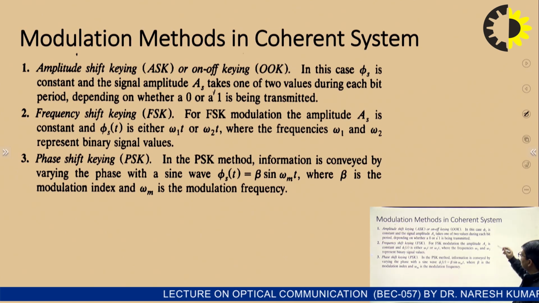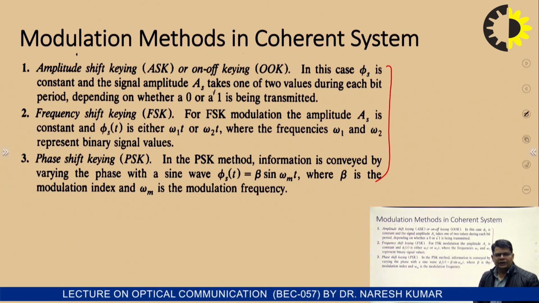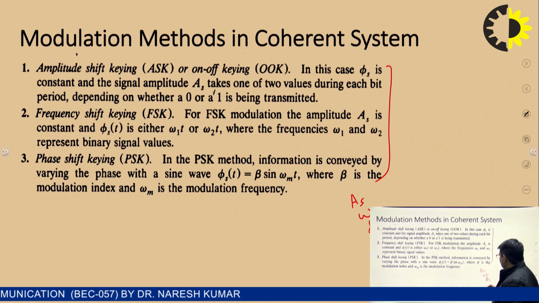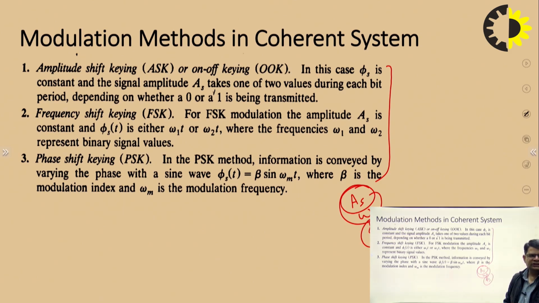So as discussed, the signal in the coherent detection has a magnitude as well as a frequency component and a phase component. By keeping any two parameters constant, the other can be varied, so that a particular modulation can be used.